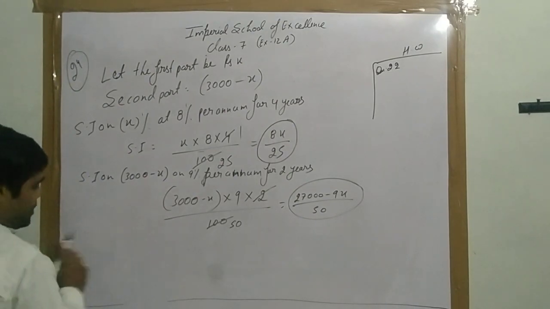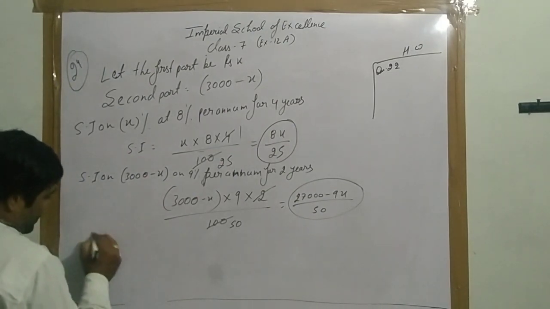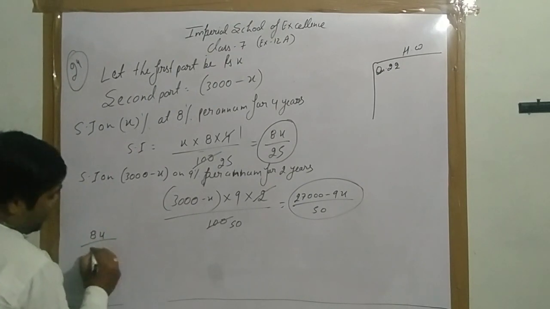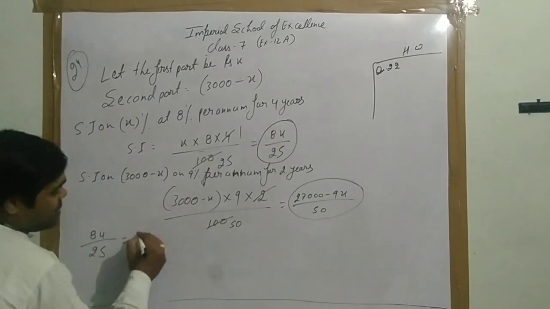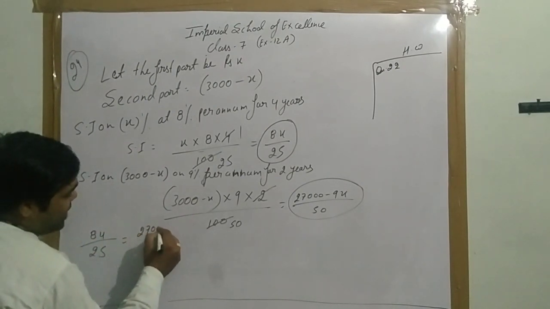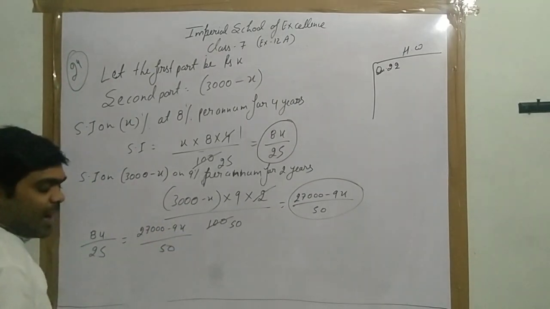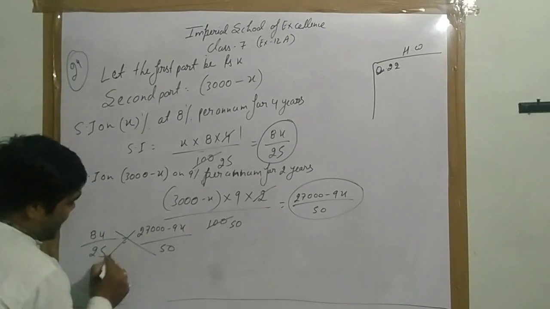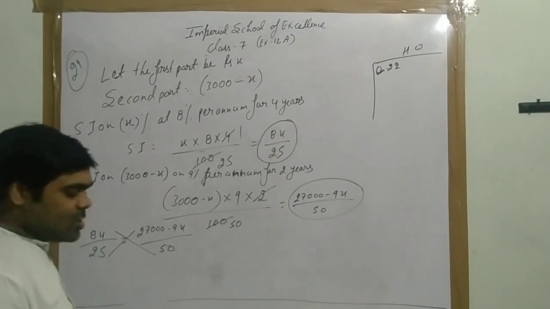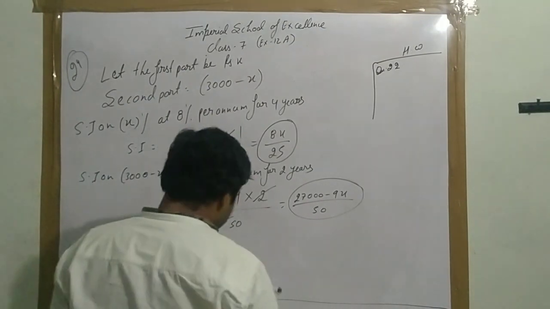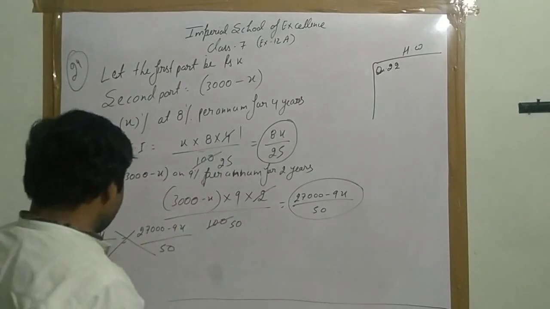So 8x upon 25 equals 27,000 minus 9x upon 50. We have to cross multiply here.